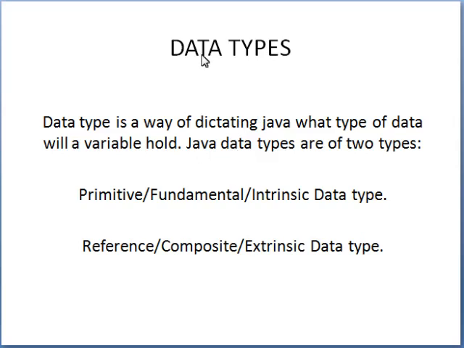Java data types are of two types. First is primitive, also called fundamental or intrinsic data type. Next is reference, composite or extrinsic data type.